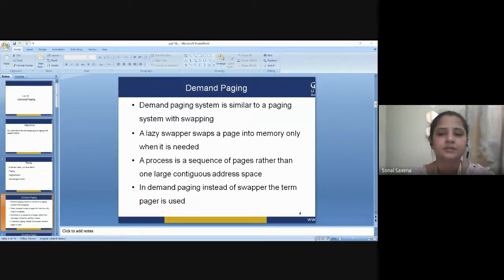Now, in a system that uses demand paging, the operating system copies a disk page into physical memory only if an attempt is made to access it and that page is not already in the memory, right? Now, it occurs when a page fault occurs. I'll tell you what a page fault is.